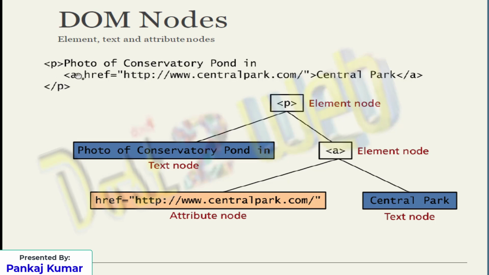Now what will happen if you take a look? The paragraph is your element node. Then only you are going to form your tree. The paragraph becomes your element node, because from this element you are going to specify the text or any other element you can define.